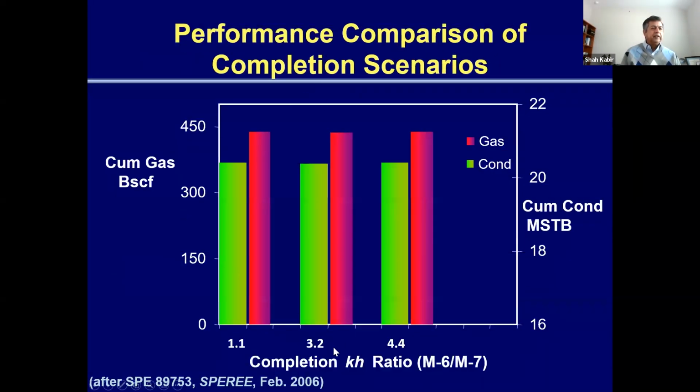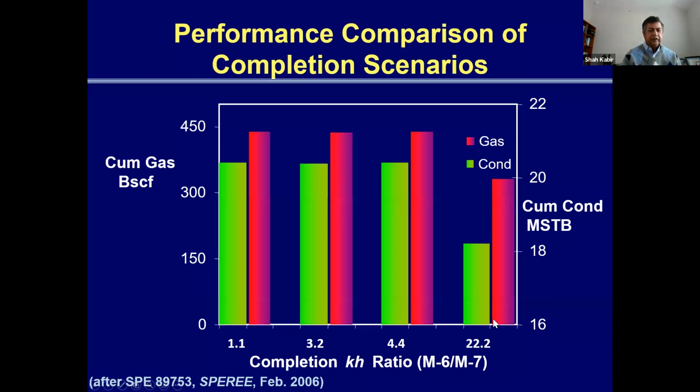Okay, so we tried different completion scenarios. Do you complete depending on your KH ratio, and what kind of cumulative gas would you get? So it looks like the gas or the condensate is not impacted by the KH ratio for these two reservoirs, M6 and M7.